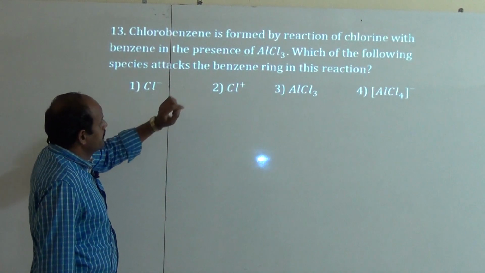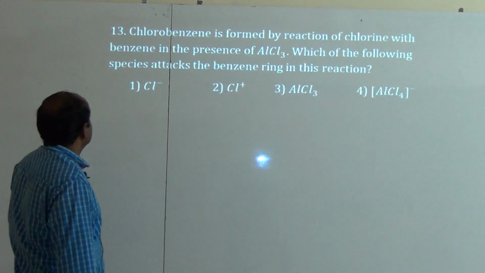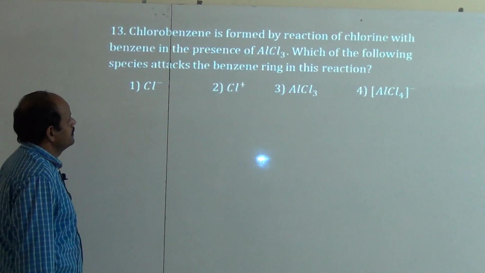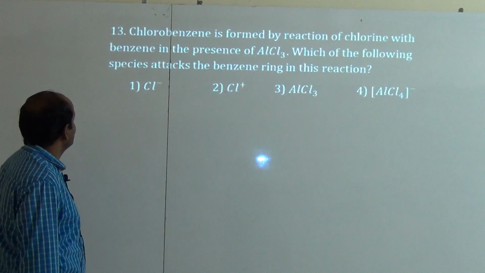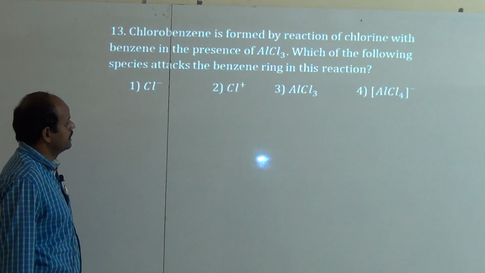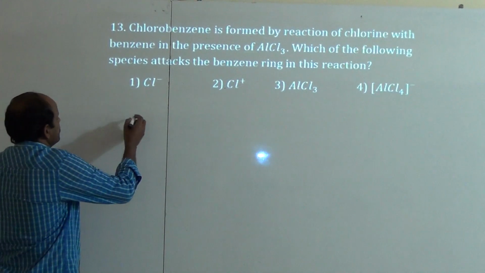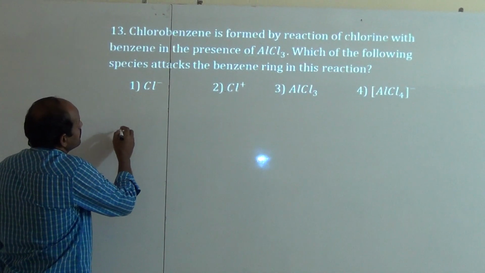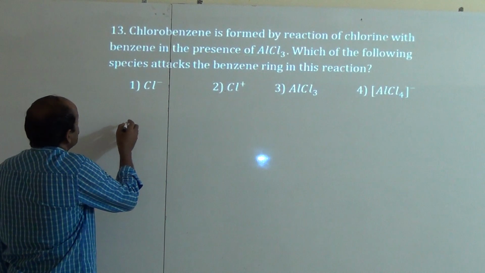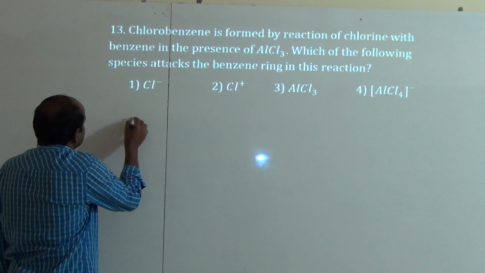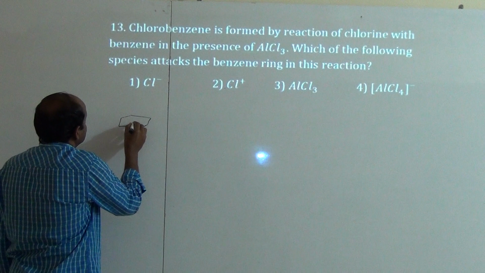Chlorobenzene is formed by reaction of chlorine with benzene in the presence of AlCl3. Which of the following species attacks the benzene ring in this reaction? So they have given one reaction. Chlorobenzene is formed by reaction of chlorine with benzene. That means we have to take benzene.